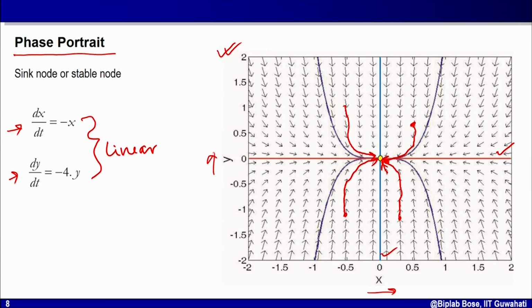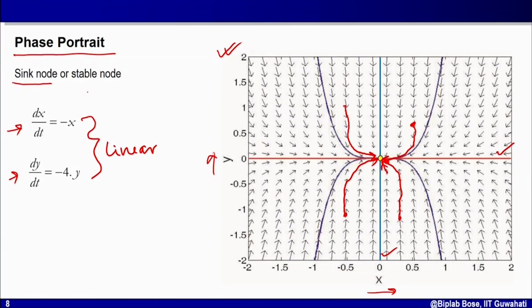From any quadrant, if you start, you will eventually reach the steady state at 0, 0 asymptotically. So this is a stable steady state. And all the trajectories are converging there, so this steady state is sometimes called a sink. So this is called a sink node or stable node.